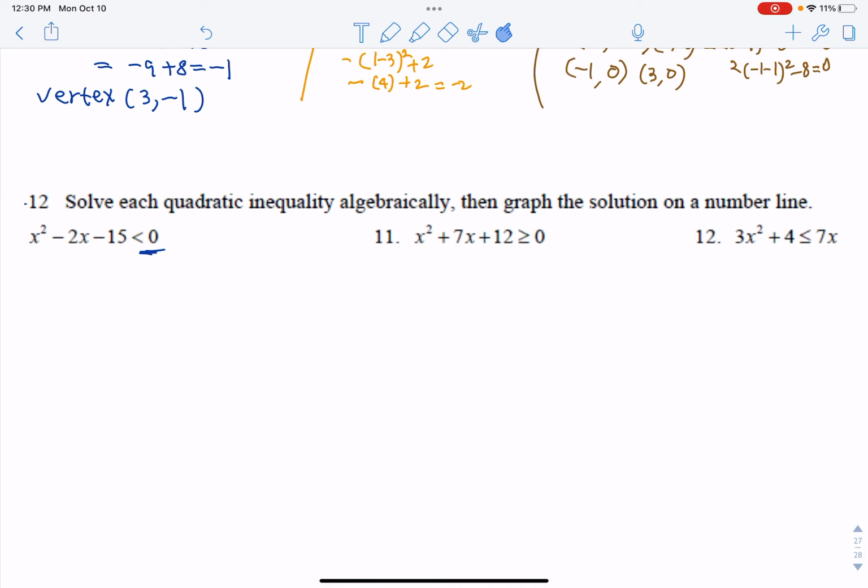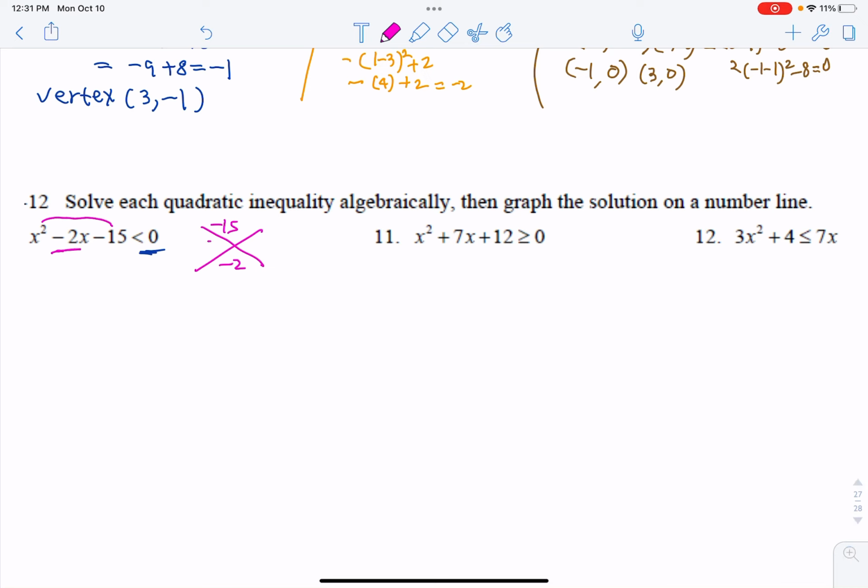solving a quadratic inequality algebraically. First, we have to factor. So to factor this, you have to find the numbers that multiply to be negative 15 and add together to be negative 2. Find the two factors that multiply together to be negative 15 and add together to be negative 2.